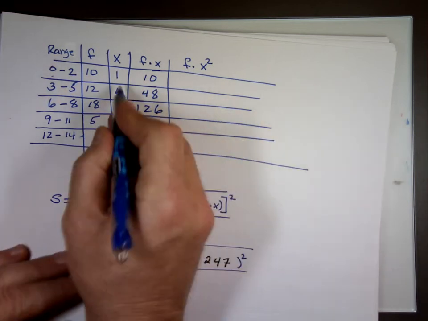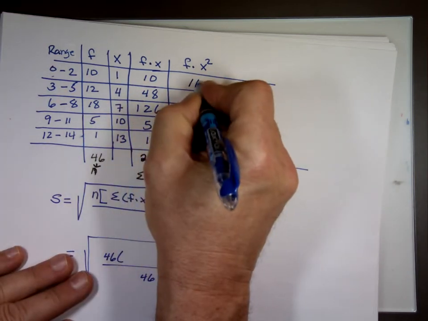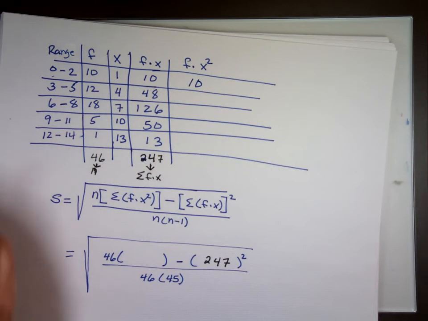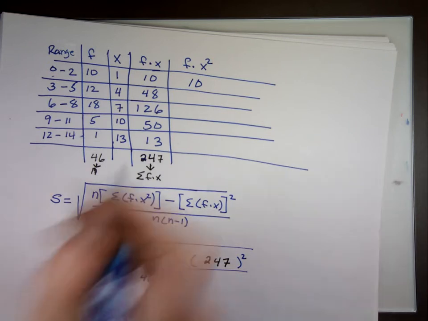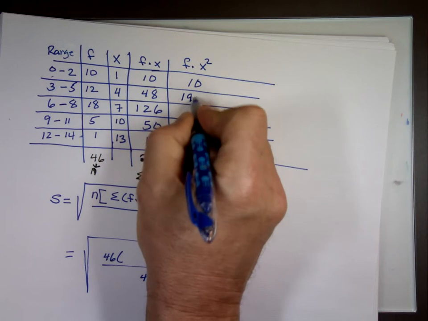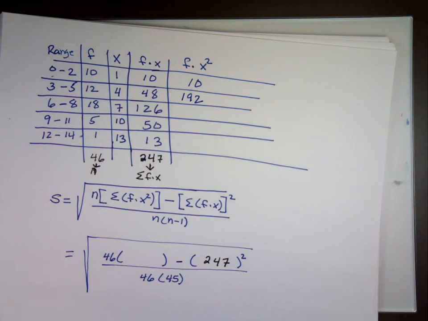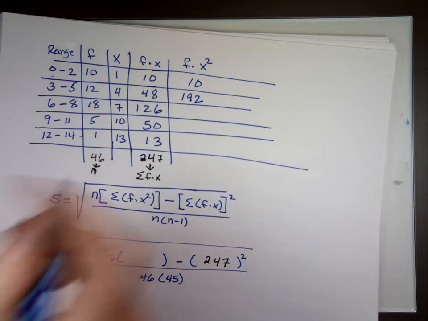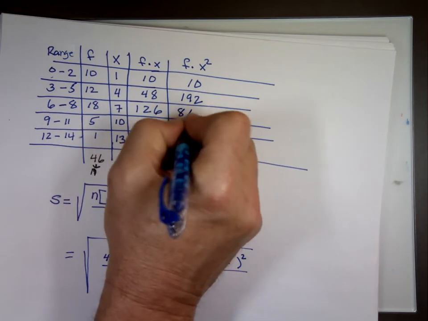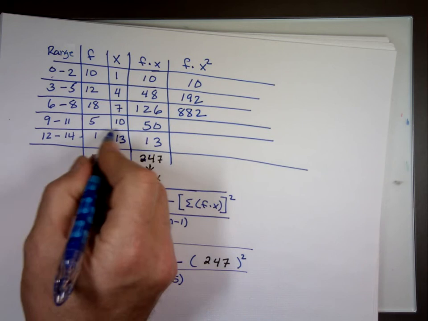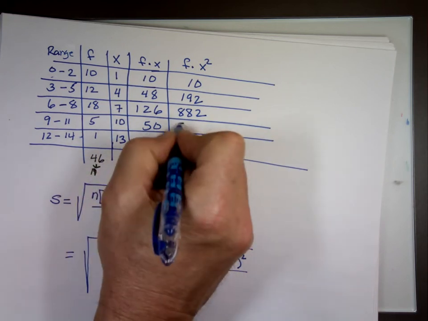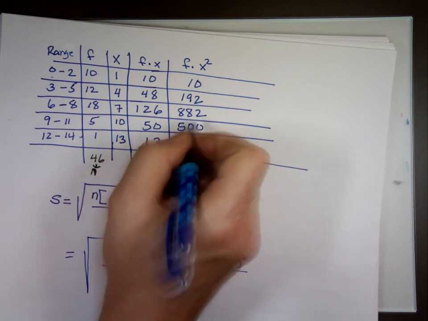10, 4 times 48, 192, 7 times 126, 882. 10 times 50, 500. 13 times 13, 169.